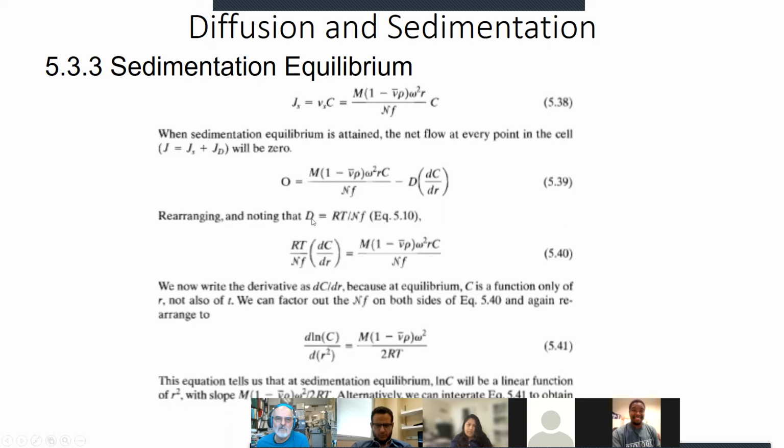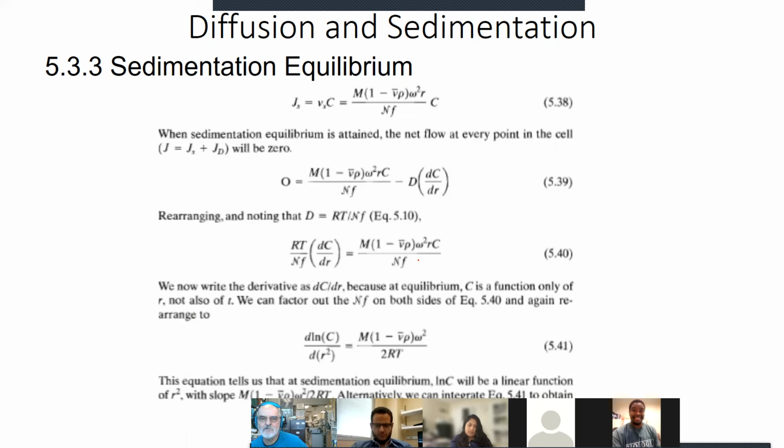Okay. When we rearrange, we plug D in as RT over NF, and then bring this to the left. So it's RT over NF dC dr, and then it's equal to M1 minus V bar rho omega squared RC over NF. The NFs will cancel. Can you see that? And so we'll have dC dr. This C can come to the other side.